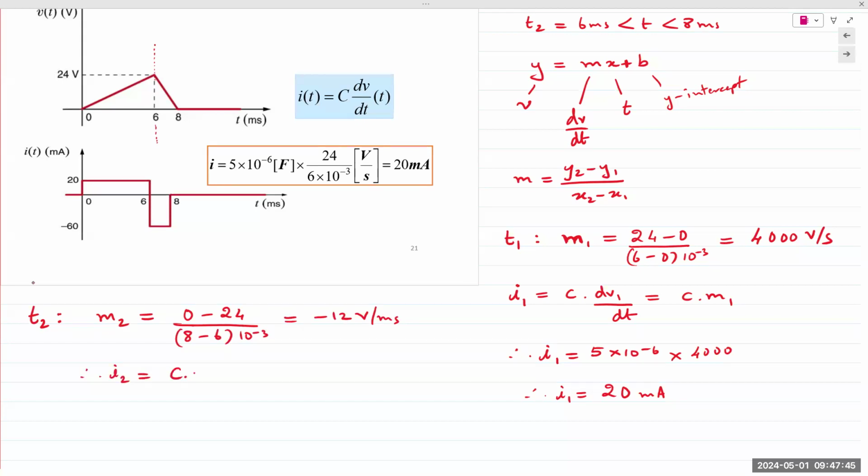I2 is C times M2, which would simply be 5 into 10 raised to minus 6 into minus 12 volts per millisecond. And so, because this is 12 volts per millisecond, I have to take milli into account, and I get minus 60 milliamps, which is noted right here.